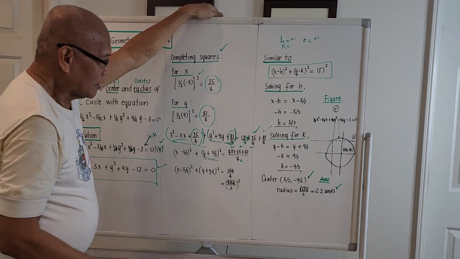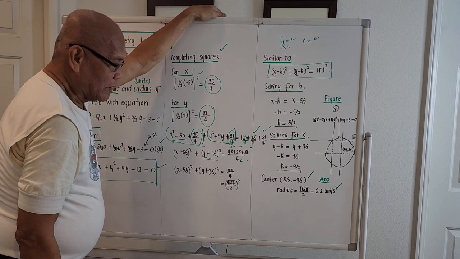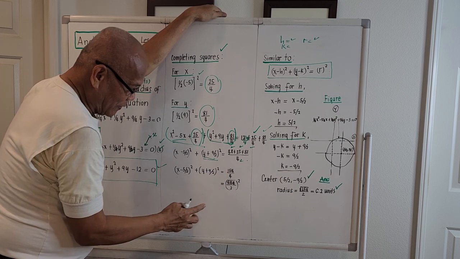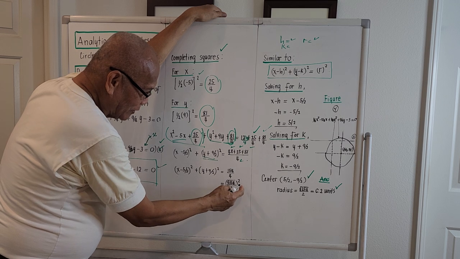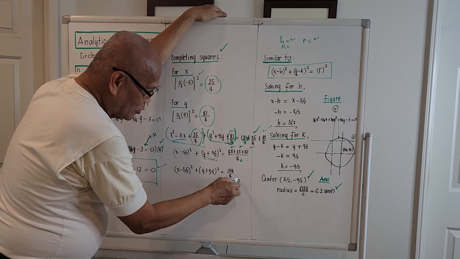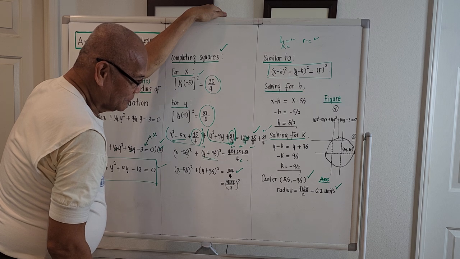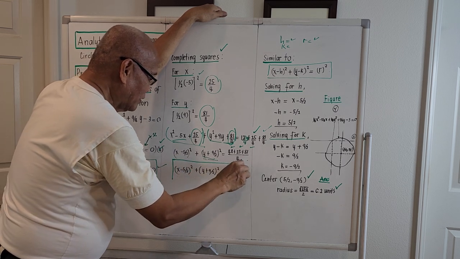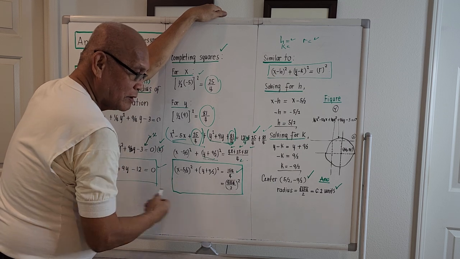And this should be equal to 154 over 4. And I could rewrite this 154 over 4 as the square root of 154 over 2 quantity squared. If we try to square this one, it is this. So this is now the resulting equation after completing squares.